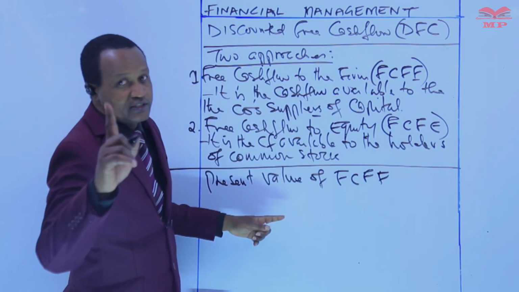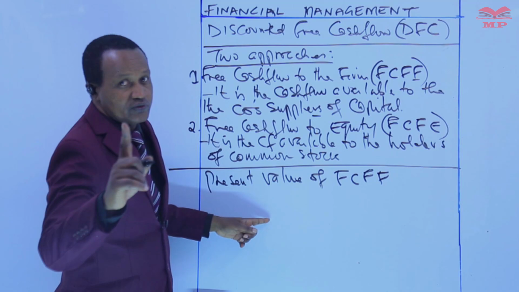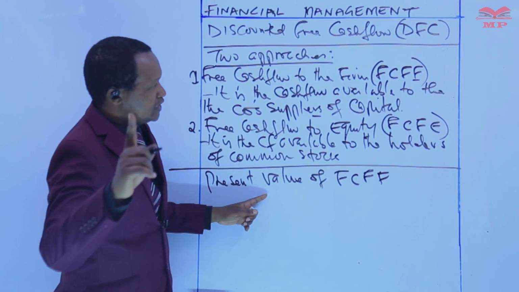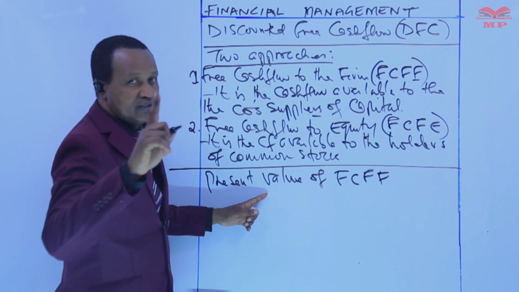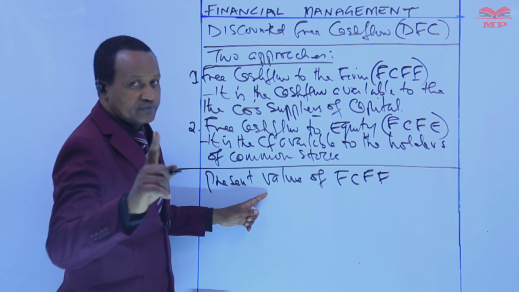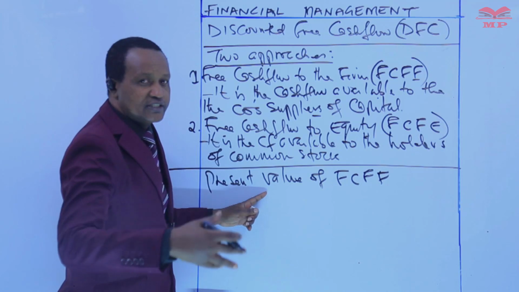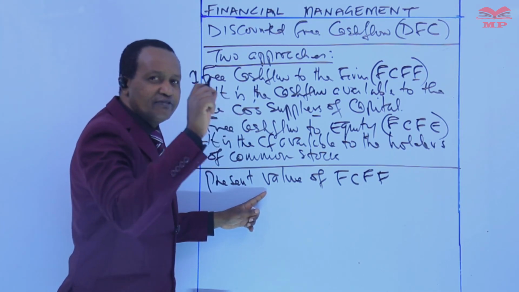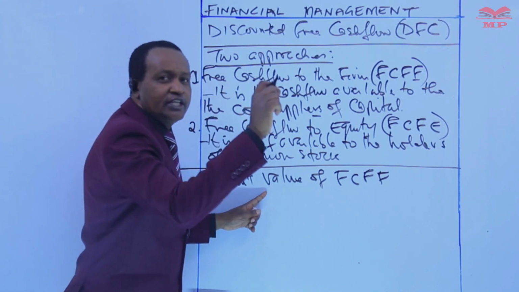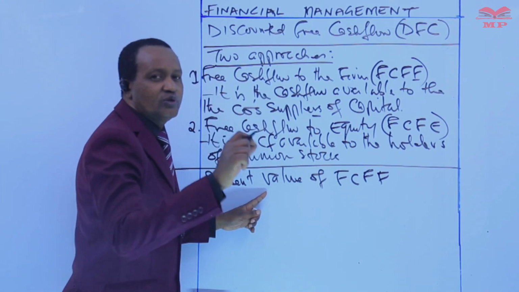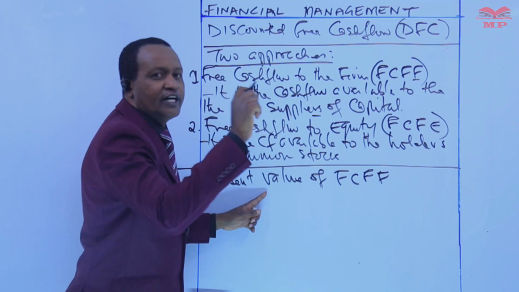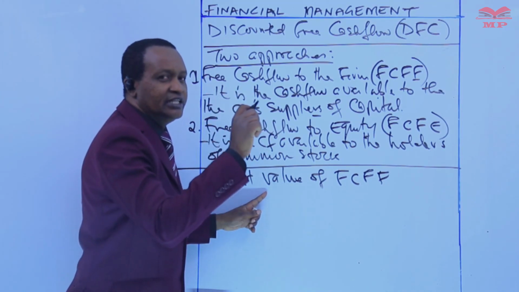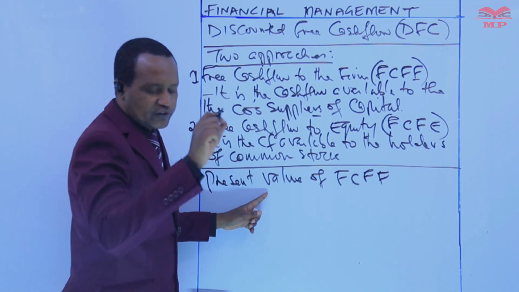Now, candidates, the free cash flow to the firm valuation approach estimates the value of the firm as the present value of future free cash flows to the firm discounted at the weighted average cost of capital.